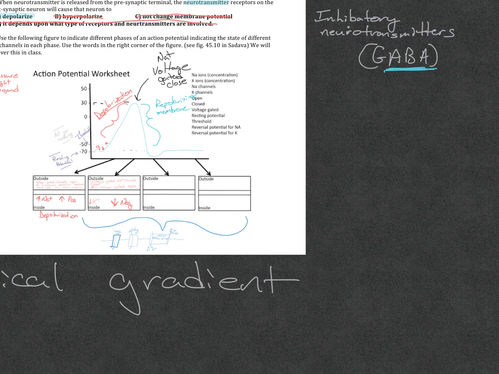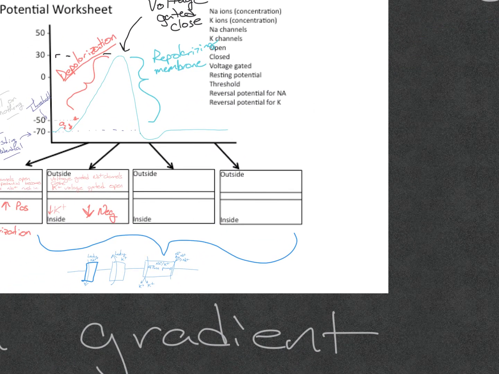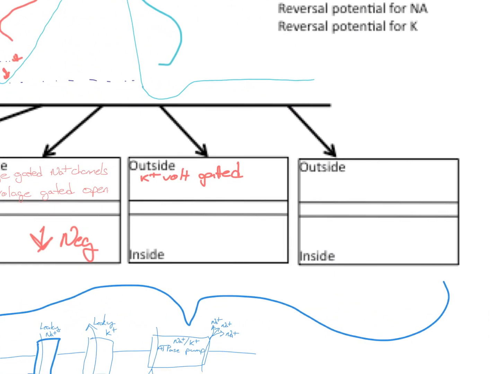But then there comes a point where outside is actually much more positive. The inside's much more negative because the potassium voltage gated channels are slow to close. So they keep letting potassium out until it's too late. It gets real low.